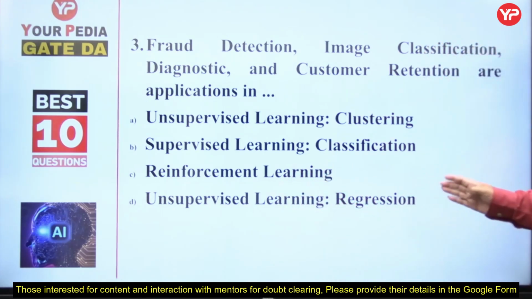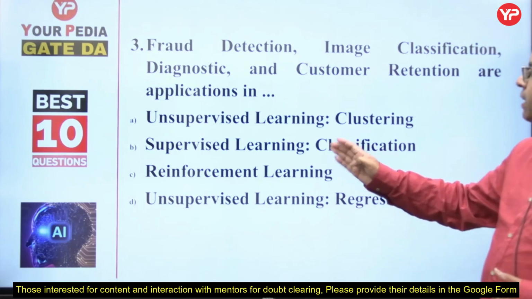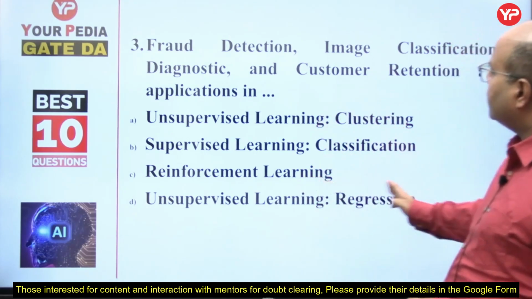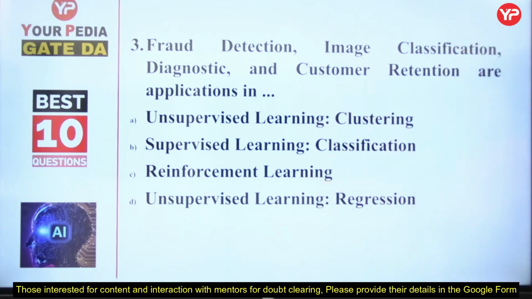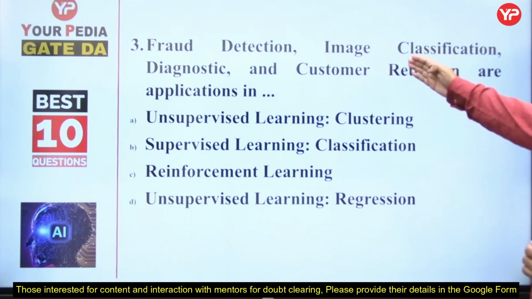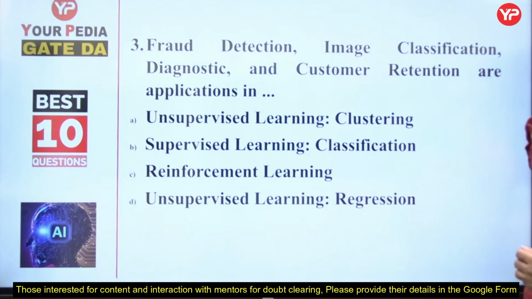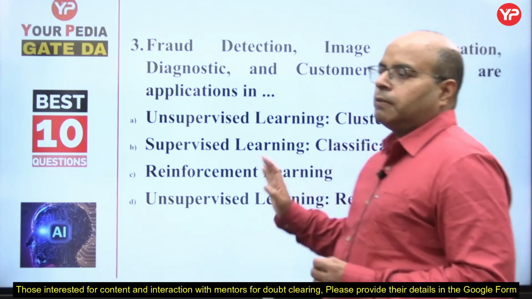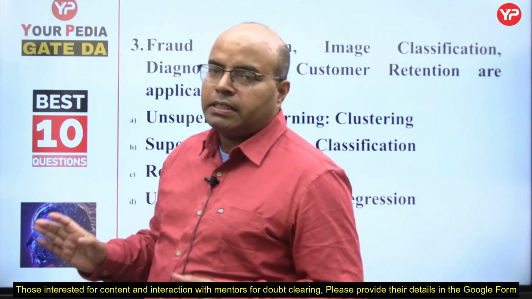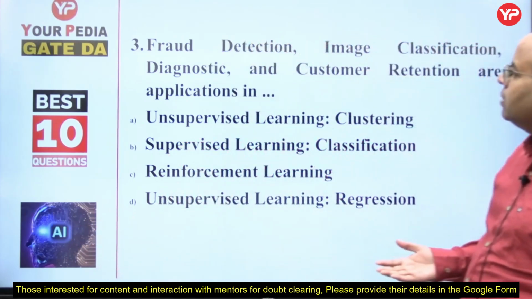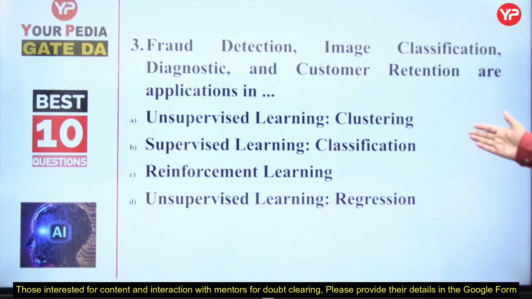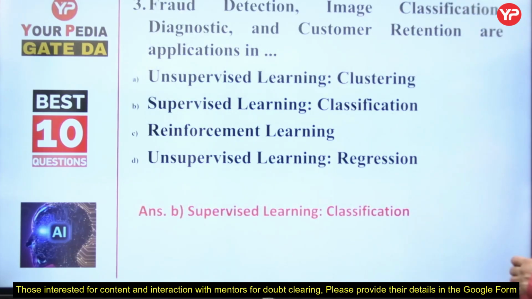And then unsupervised learning is used for clustering and also for regression. So the question is fraud detection, image classification. See, wherever image classification has come, it can't be unsupervised. Image classification is a supervised job, so naturally it will be supervised learning classification. That will be the right answer.